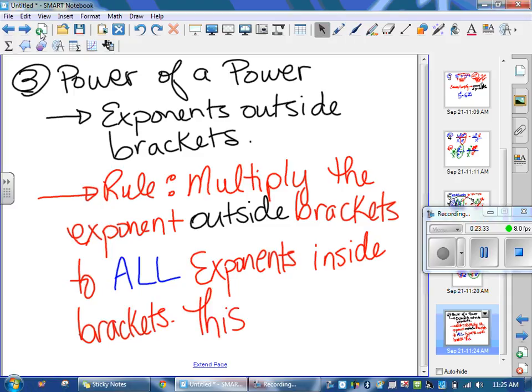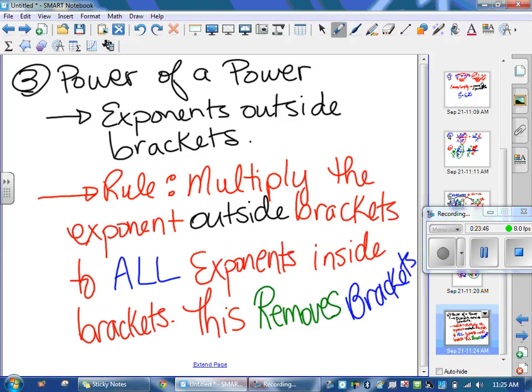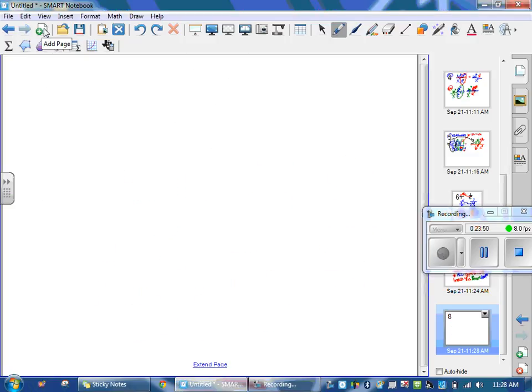This removes the brackets. Okay, a couple examples for you.